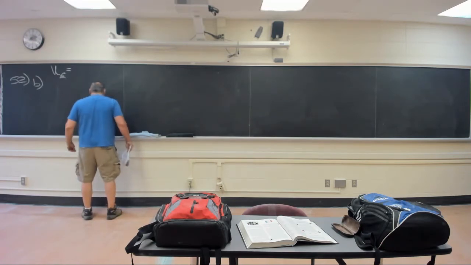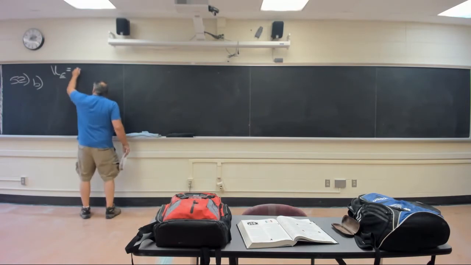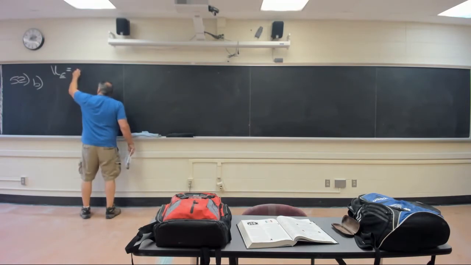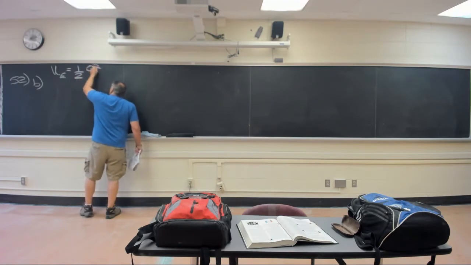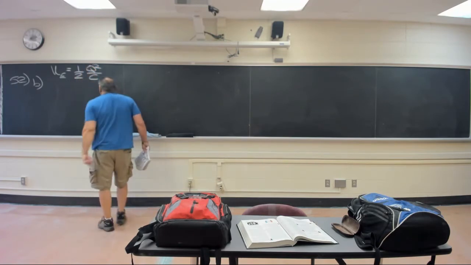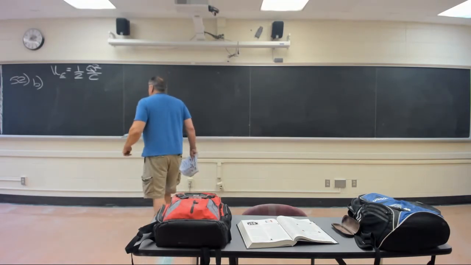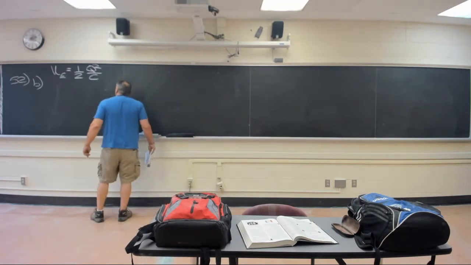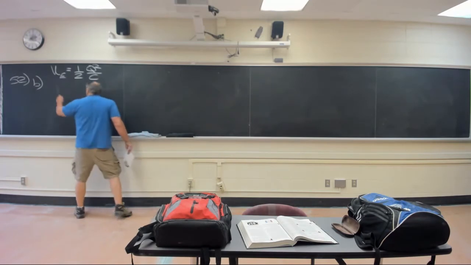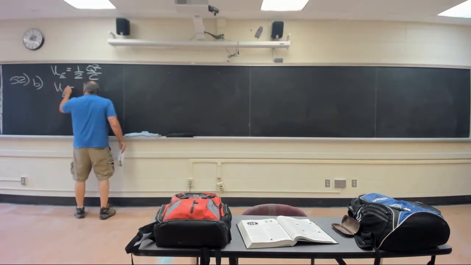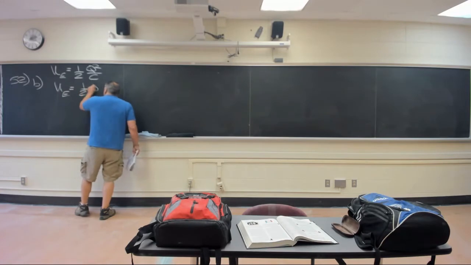When you look at something like this, we already talked about that. That's just going to come out to 1/2 QV. Same thing can be written as 1/2 Q delta V.